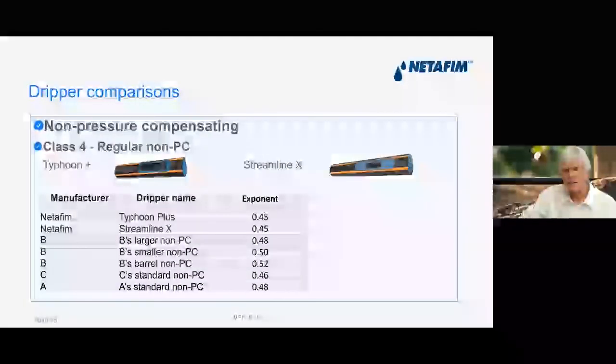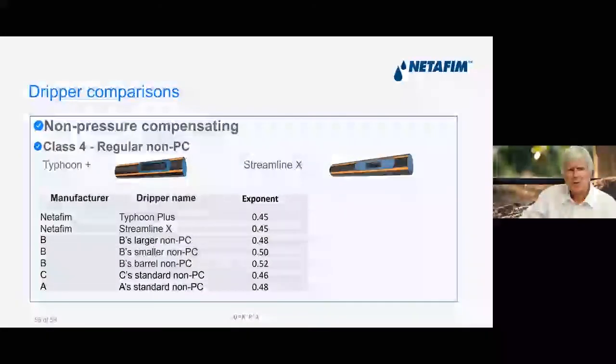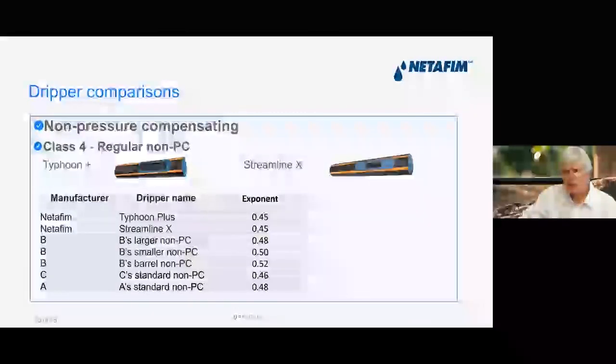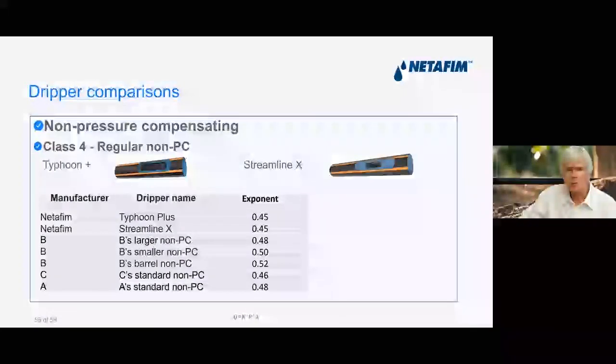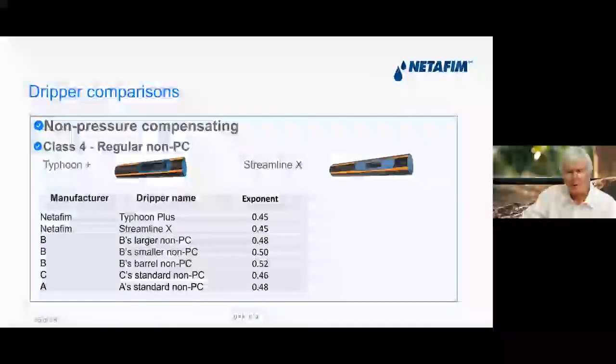Now, if we look at our regular non-pressure compensating drippers, Typhoon Plus and Streamline X, the exponent of both of those is 0.45. Then manufacturer B's large non-PC dripper has an exponent of 0.48. Their smaller one has a value of 0.5, and the manufacturer's barrel dripper is 0.52.